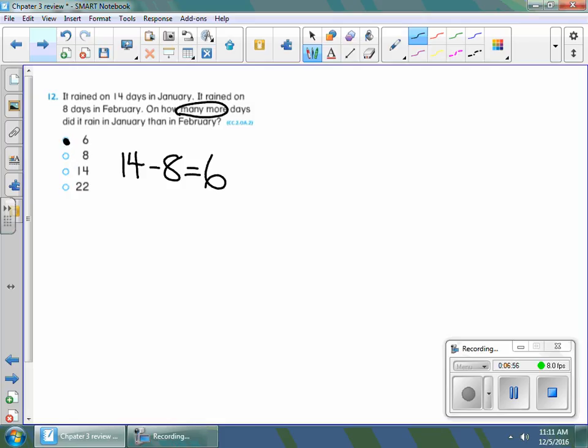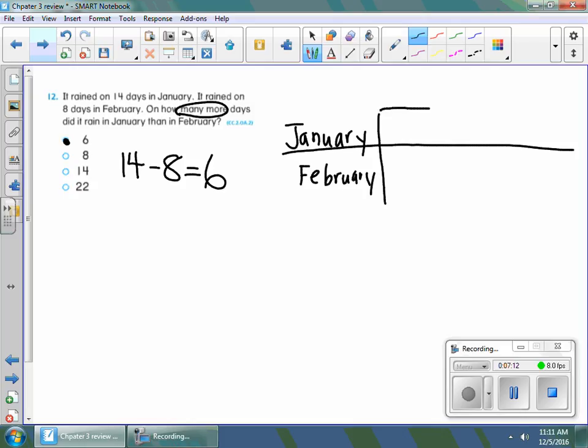Okay, we looked at a picture graph like this in our morning work. It had something like January and February. It had different months in it, but it was a graph and it showed us the number of rainy days. Okay, so I'm just going to draw this out quickly.